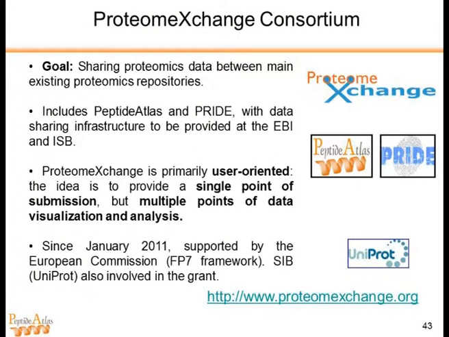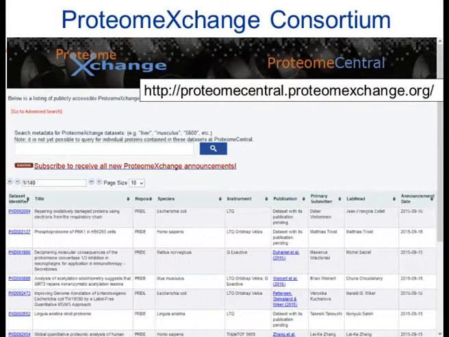More recently, there's been an initiative to have a consortium of groups that share their data, and this is called Proteome Exchange, with PRIDE and PeptideAtlas, and this is the logo for the massive group. I couldn't find a logo for them. There are data sets there, and they have rules for sharing data between the member parties. That's actually where we get a lot of our new data for PeptideAtlas builds.